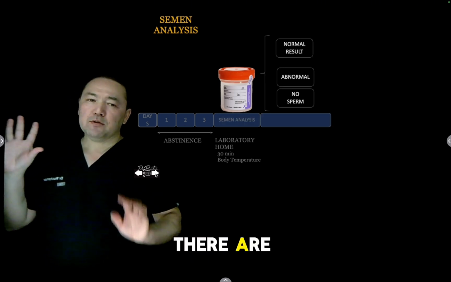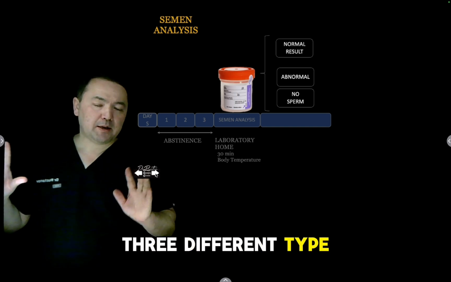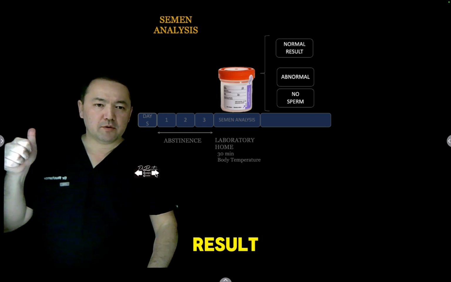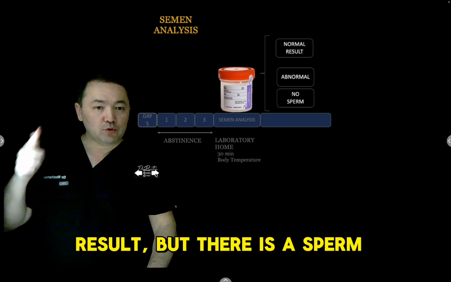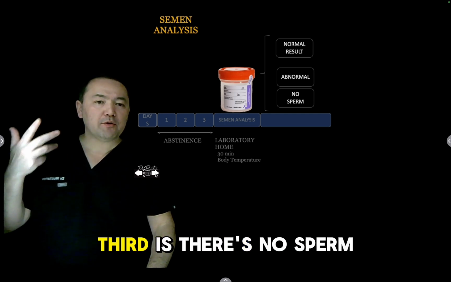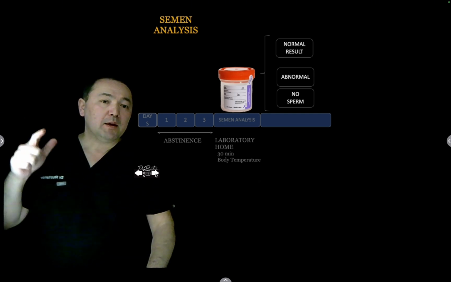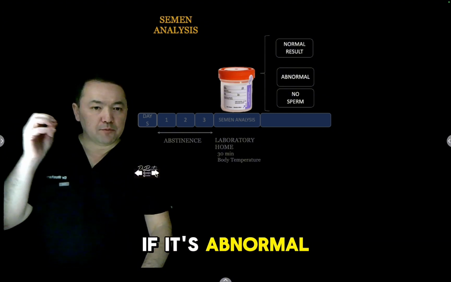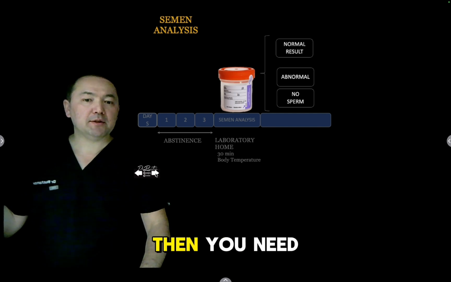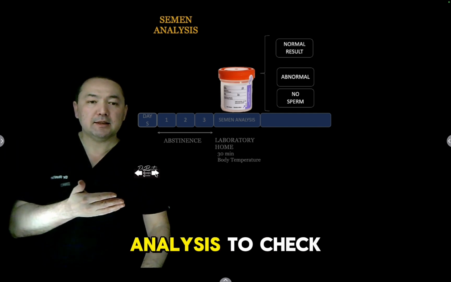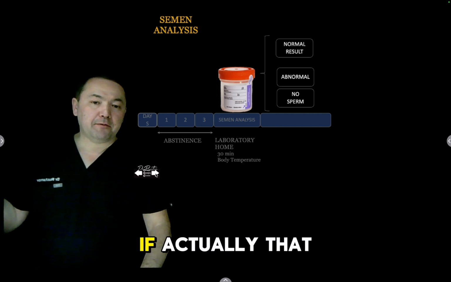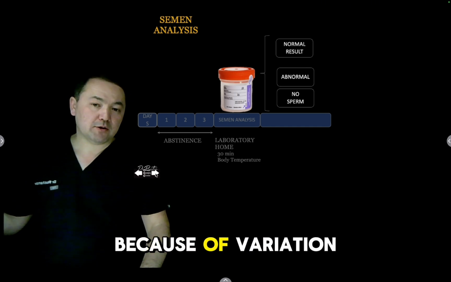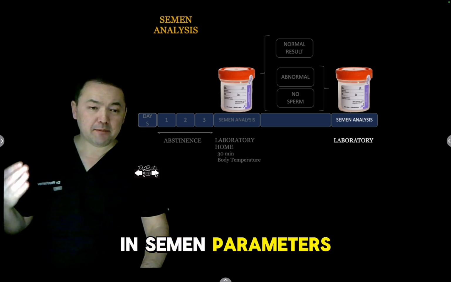Then you have three different types of results. One is a normal result, the second is an abnormal result but there is sperm, and the third is that there is no sperm. If your result is normal, you don't need to repeat semen analysis. If it's abnormal or if there is no sperm, then you need to repeat the semen analysis to check whether that result is true, or maybe it's because of variation in semen parameters.